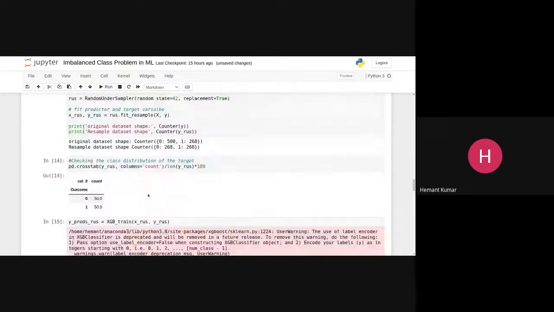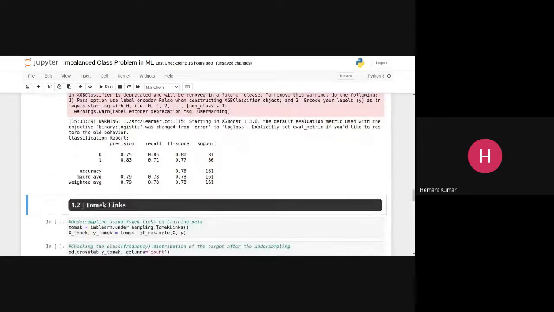So this one is the random undersampler, and this is the normal algorithm. The normal algorithm gives precision 0.57, recall 0.72 and F1 score 0.62. When we apply the random undersampler, precision increases to 0.83 and recall is 0.71, and F1 also increases. Here it is 0.62 and here it is 0.77.